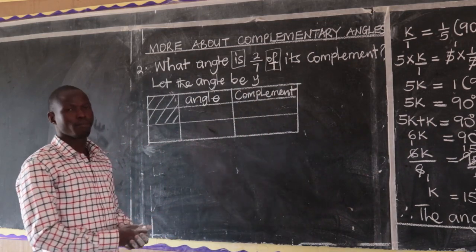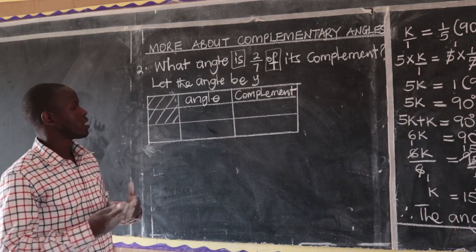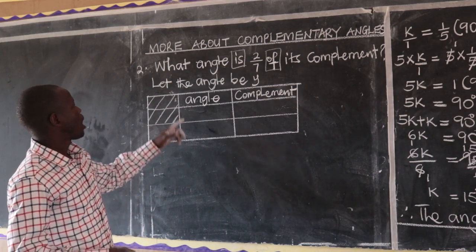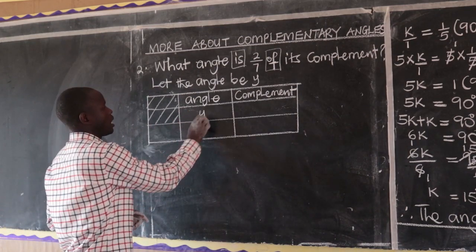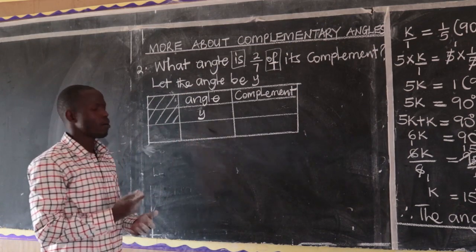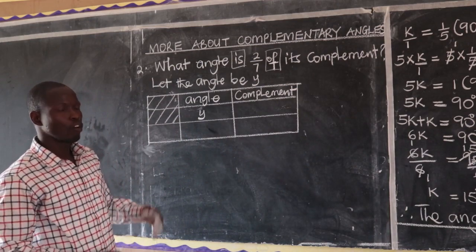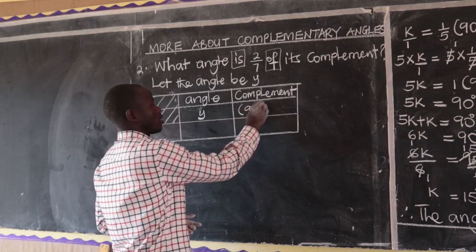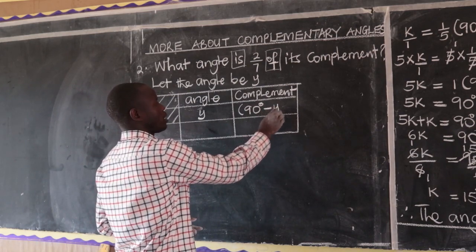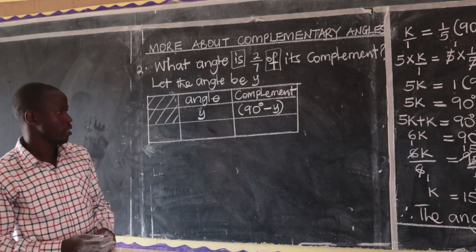And we follow the same procedure that we used still in example 1. Our angle, we say let the angle be y. So under angle, we write the letter y, which represents our angle. The complement of y will be 90 degrees minus y.